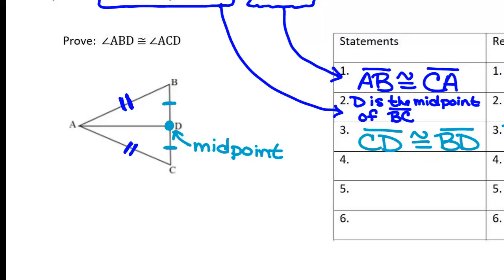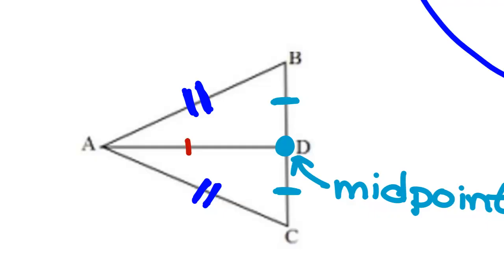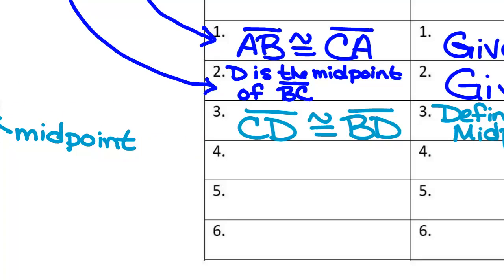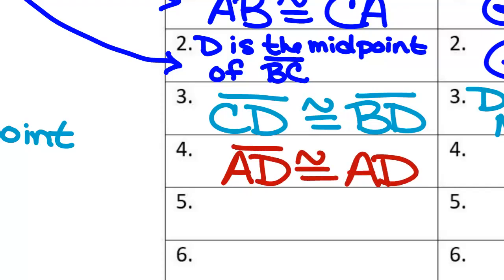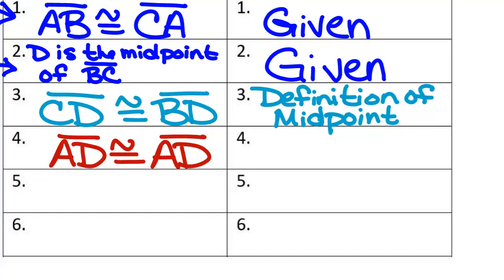Is there anything in the picture that I'm allowed to mark without being told? The shared side. AD is congruent to AD. For what reason? Reflexive property, yes.